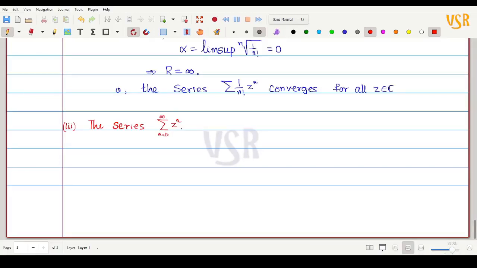So z power n இது எப்போ கன்வர்ஜ் ஆகுது அப்படின்னா, இந்த கேஸை பொறுத்த வரைக்கும் an equal to 1 for all n belongs to natural. நீங்க எந்த n கொடுத்தாலும் we will have an equal to 1, of course union with the singletons a0. அப்ப a0, a1 எல்லாமே 1, 1, 1, 1 தான். ஓகே சரி.